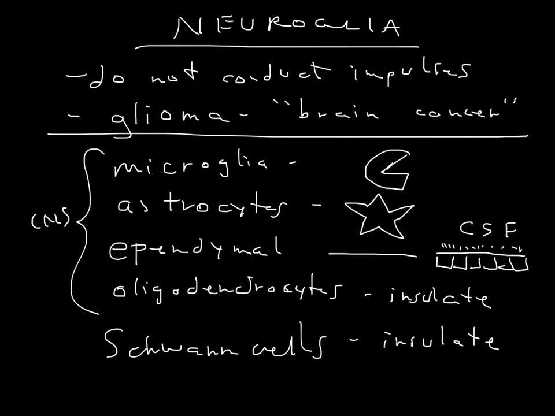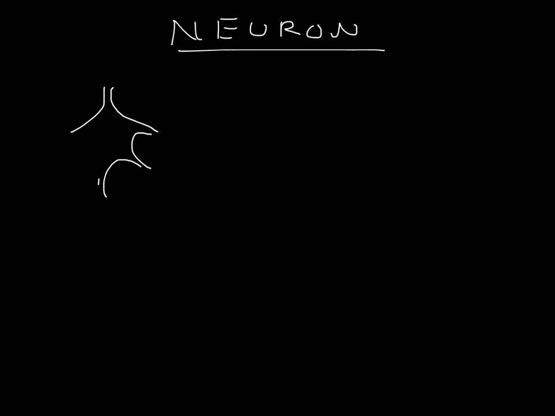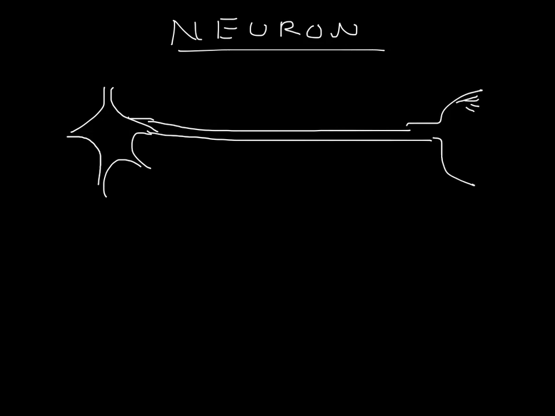That leads us to the third PowerPoint, which is the neuron itself, and we'll discuss those insulators a bit more. In reference to the Schwann cells, these insulators are not continuous where the oligodendrocytes are.